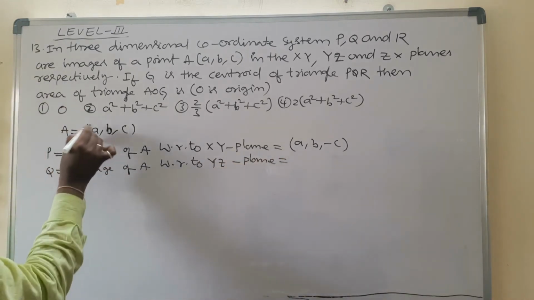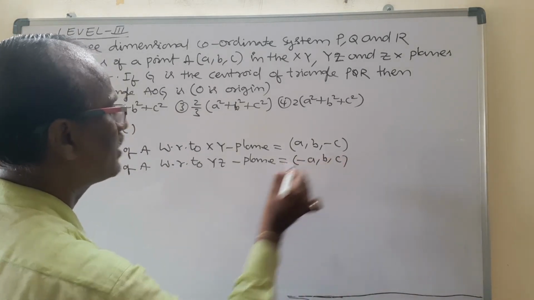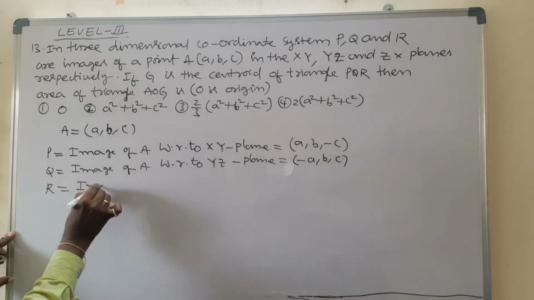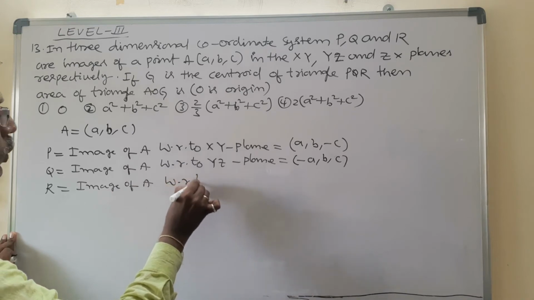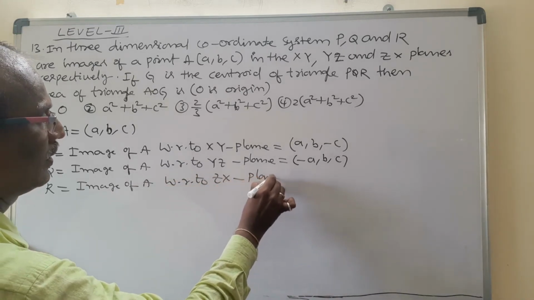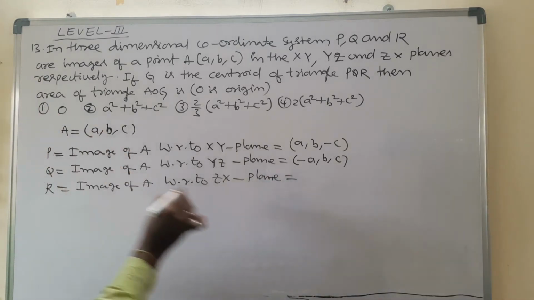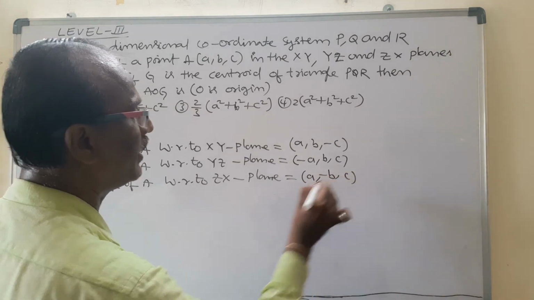Here the x coordinate is negative: minus A, B, C. R is the image of A with respect to the zx plane. Here the y coordinate is negative: A, minus B, C.